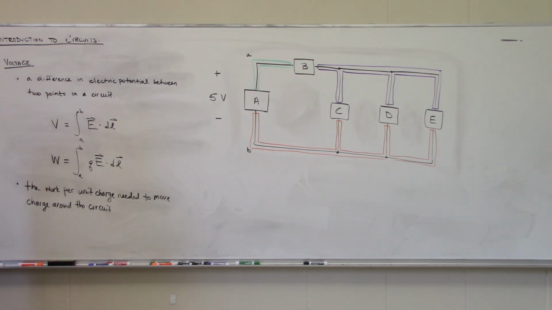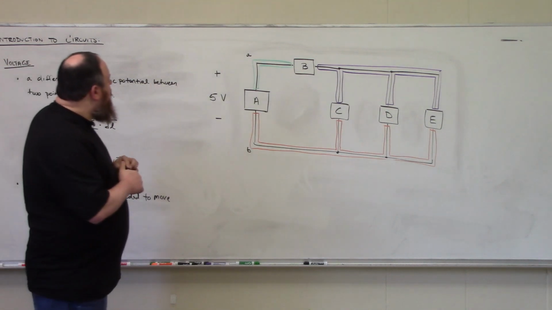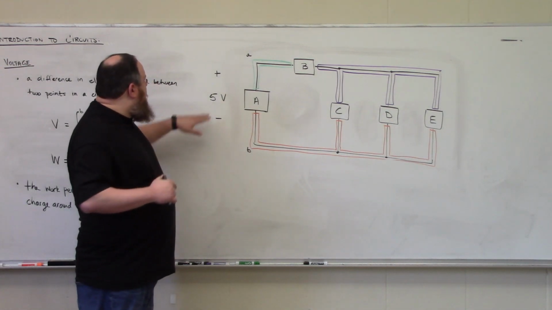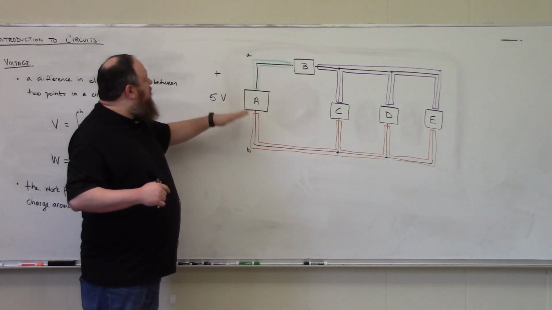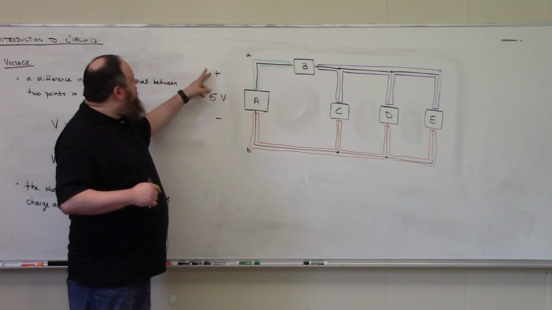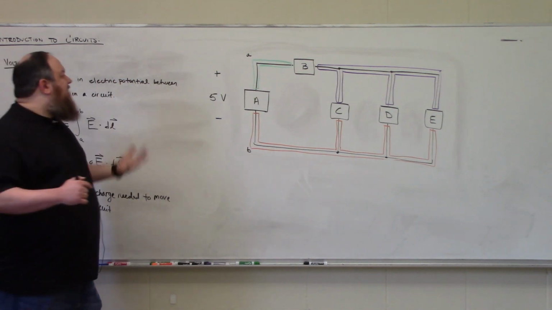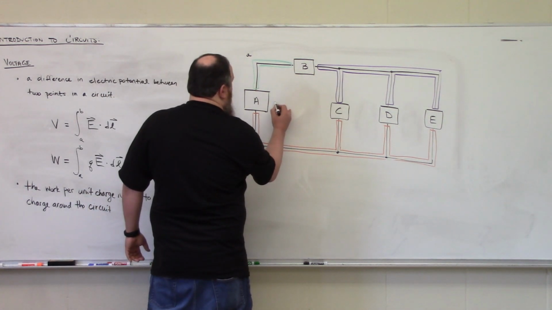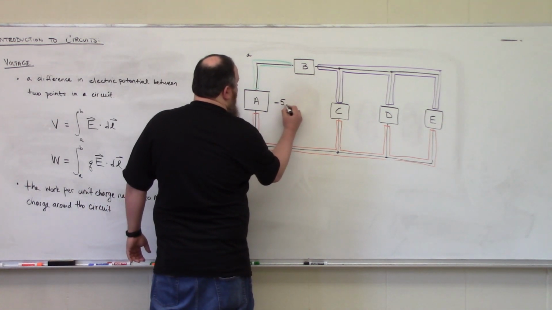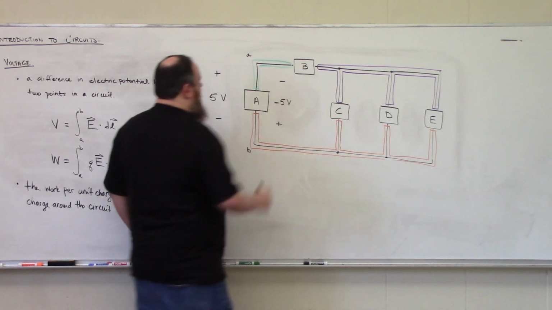So let's circle back around to the concept of polarity real quick, okay? So I have decided that this 5 volts, there's a 5 volt drop over element A, positive polarity on top, negative polarity on bottom. That is the exact same thing as a voltage drop of negative 5 volts, but with the opposite polarity.